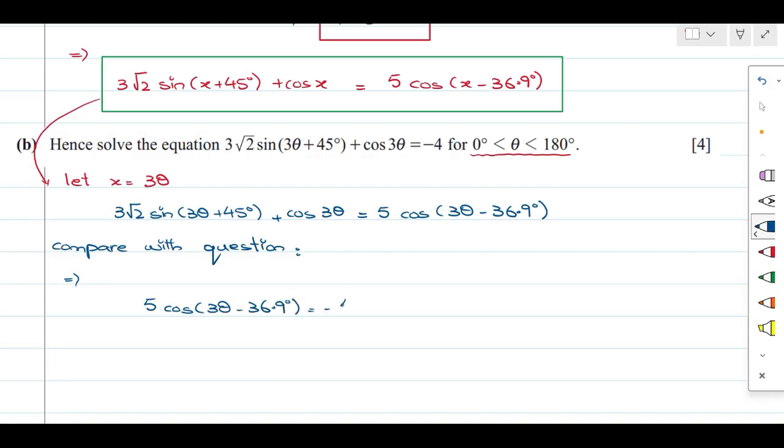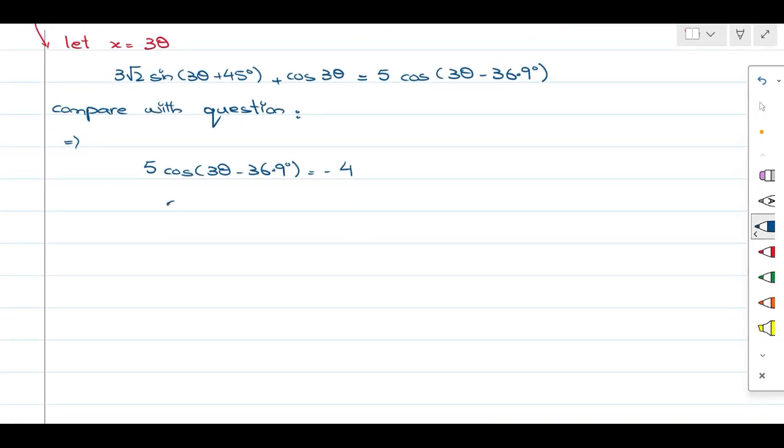If we compare this with the question, we come to know that the left-hand side equals negative 4. So 5 cos of 3 theta minus 36.9 degrees equals negative 4. Now we need to solve this equation. Cos of 3 theta minus 36.9 degrees equals minus 4 over 5.